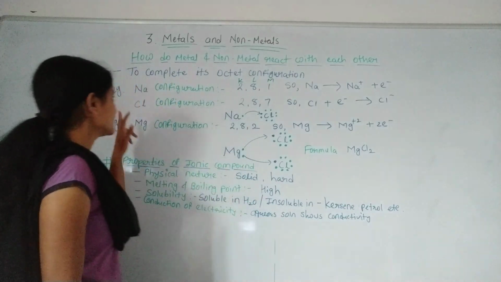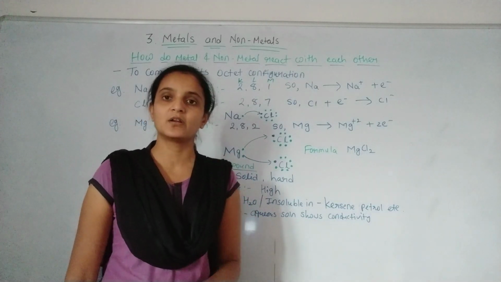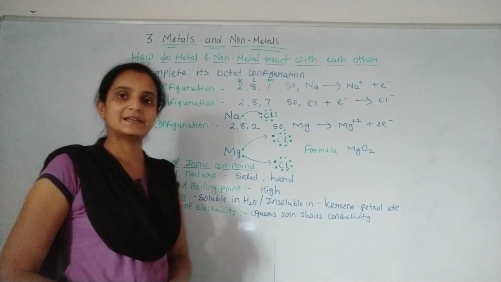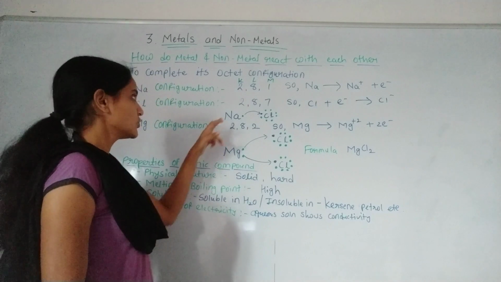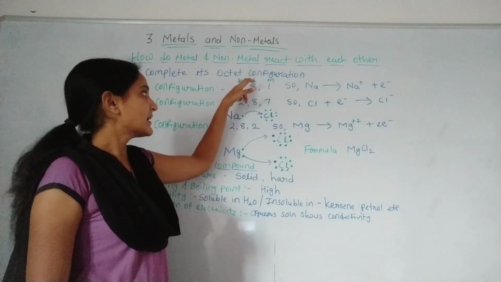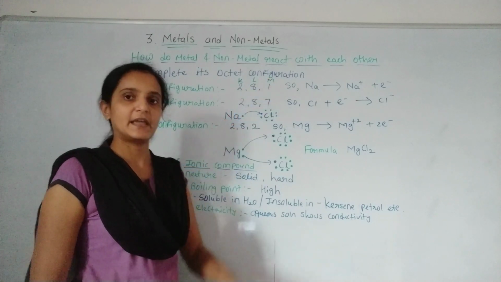Now in the same way, if we talk about chlorine, the atomic number of chlorine is 17. So the electronic configuration is 2 electrons in the K shell, 8 electrons in the L shell and 7 electrons in the M shell.